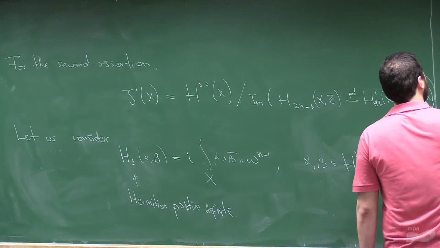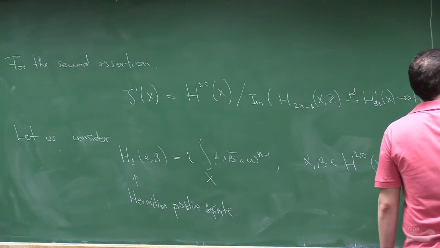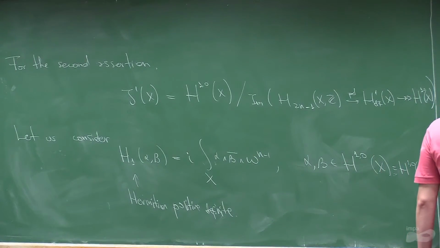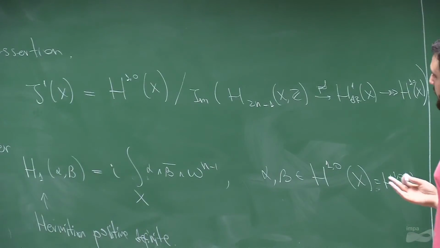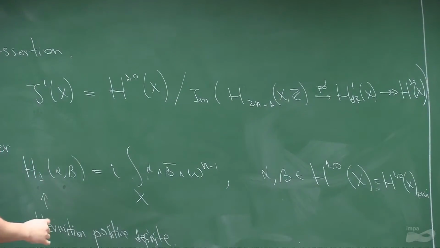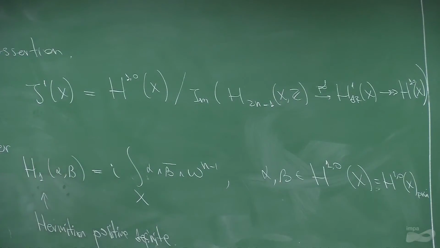So let eta of alpha, beta be, so we have to check what will be omega. I mean, the omega associated to the Hermitian metric will be minus the imaginary part of the metric, right?